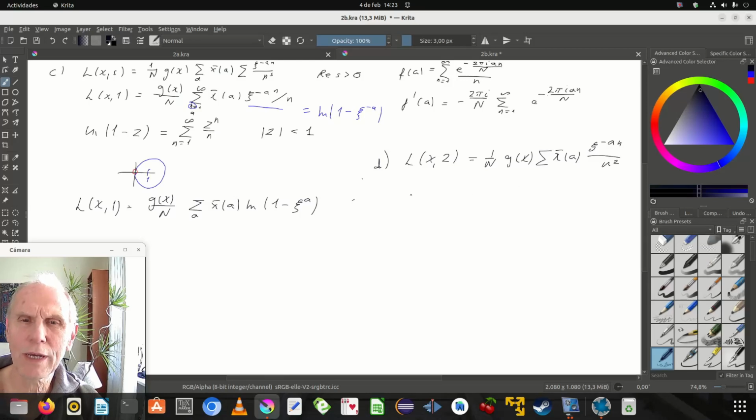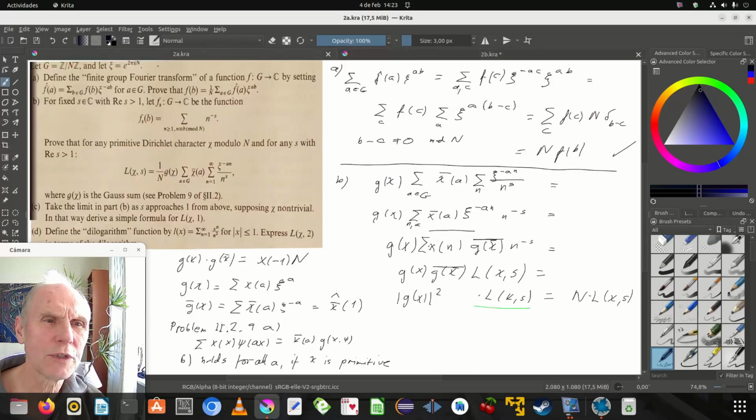Divided by n squared, and they introduce the dilogarithm.